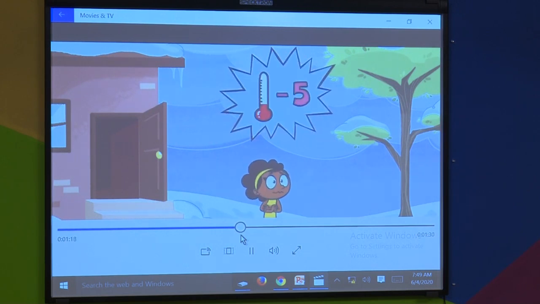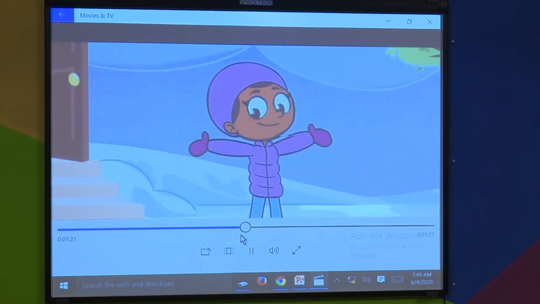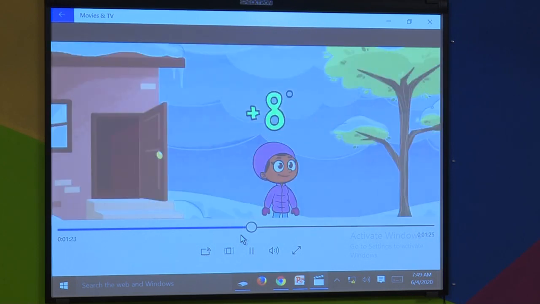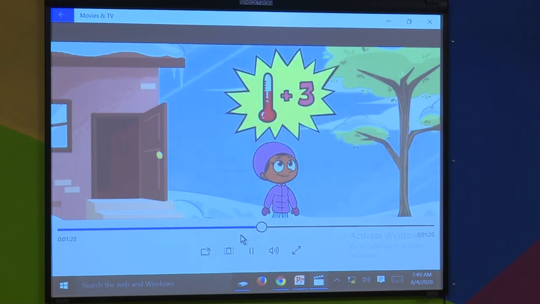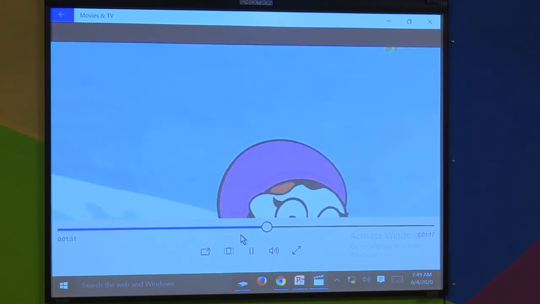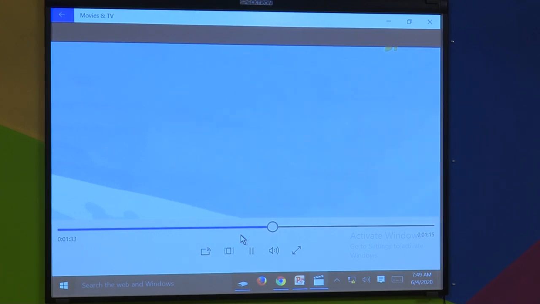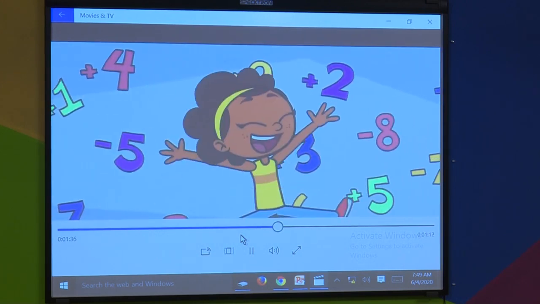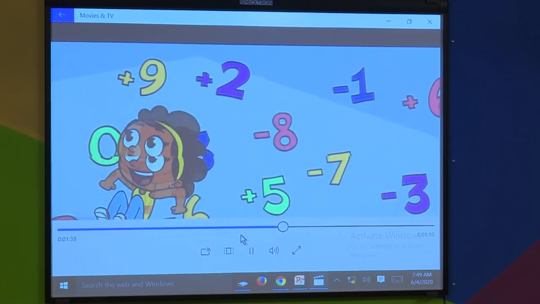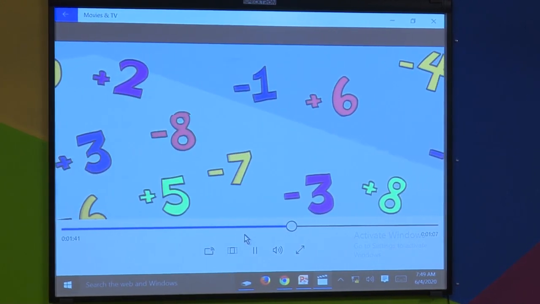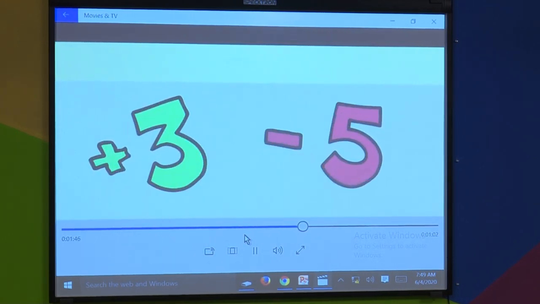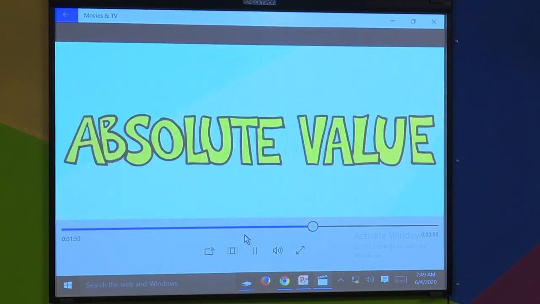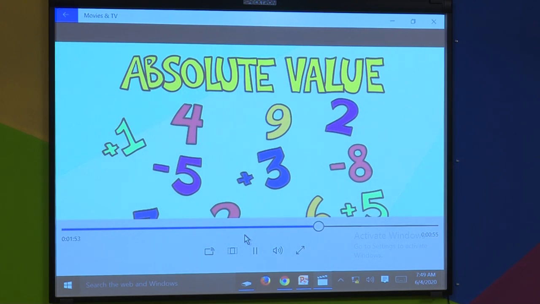It is 5 below. I need a warm coat when it's less than 0. But now the temperature has gone up 8 degrees, so it's +3. Still a deep freeze. Absolute value is the value of the number if you take away the sign.